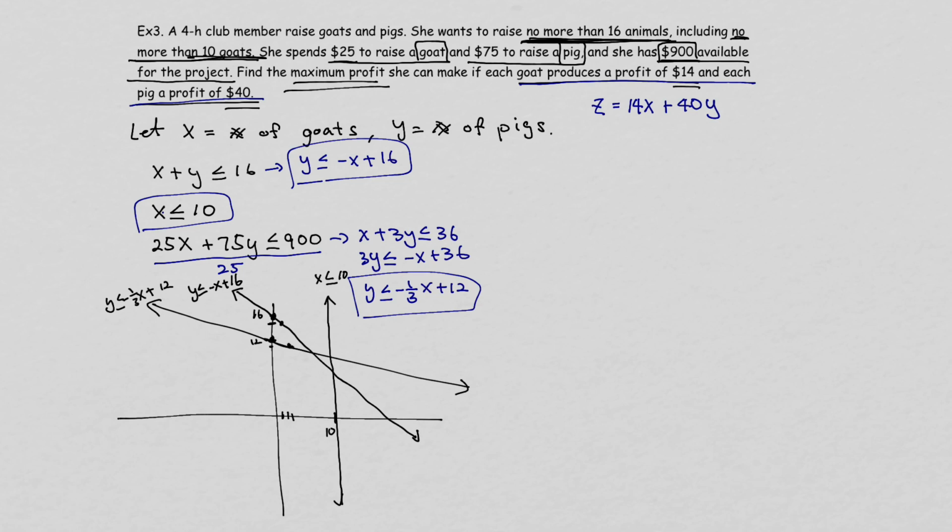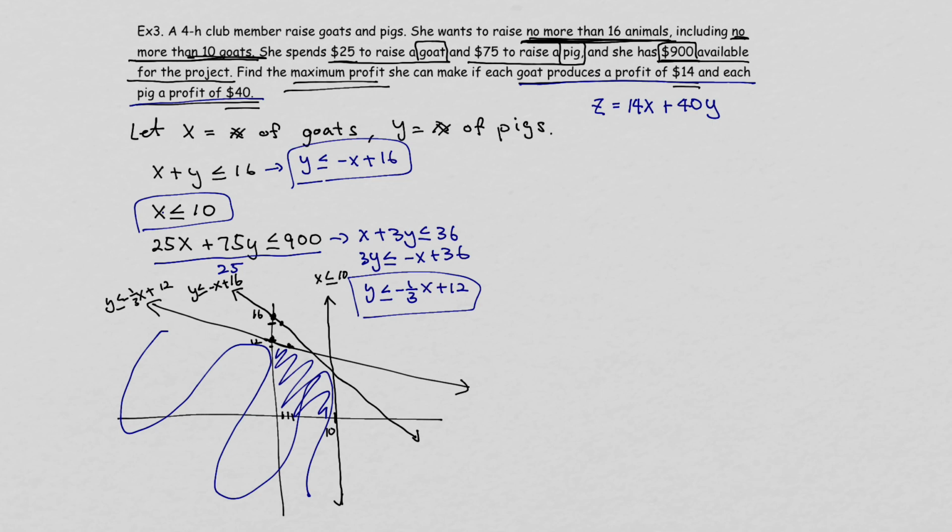So when you're coloring the solutions, the area is going to be this, right? Why is it not all this area? Because you're buying pigs and goats, and you cannot buy negative values.